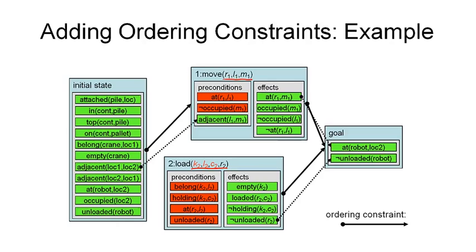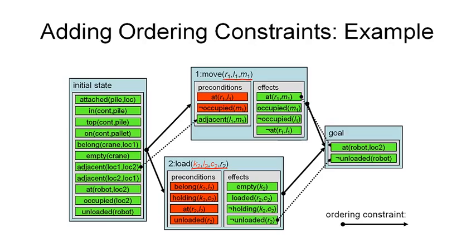Then I wanted to add constraints for all actions that have to come after the initial state and for all actions coming before the goal state. So this would be 4 new constraints. But in fact, I only have to add 1 because 3 of those were already implied by the causal links, and there's no need to represent the same constraint twice.